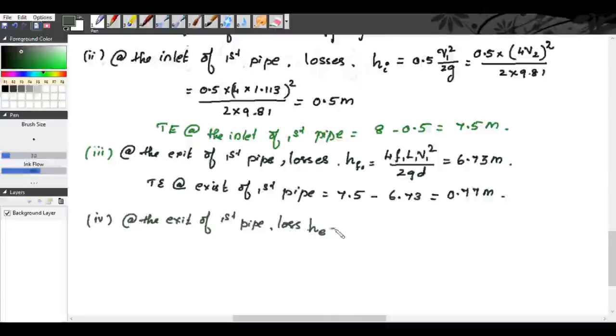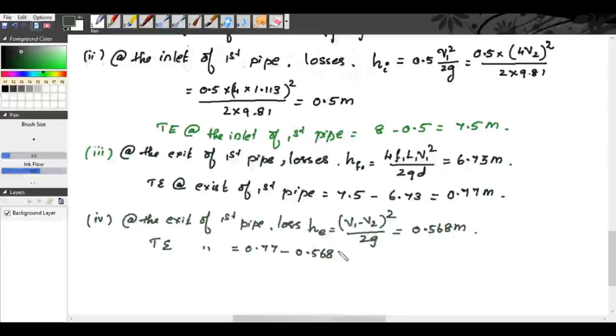Loss HE is equal to V1 minus V2 the whole square by 2G. Substituting the value, we get HE is equal to 0.568 meter.